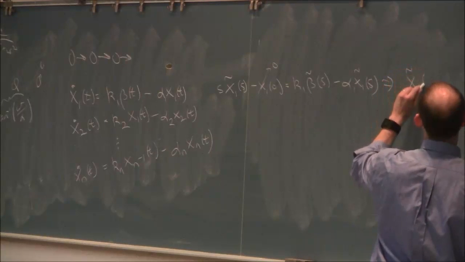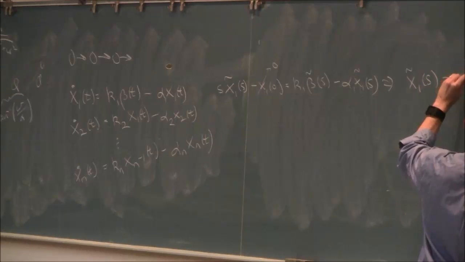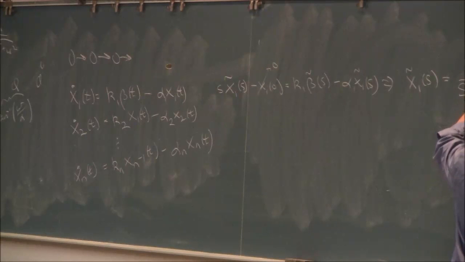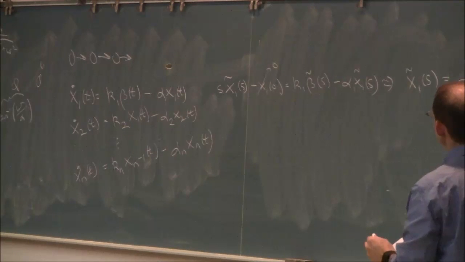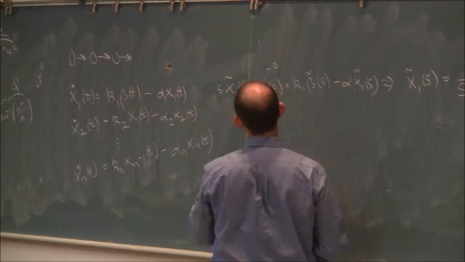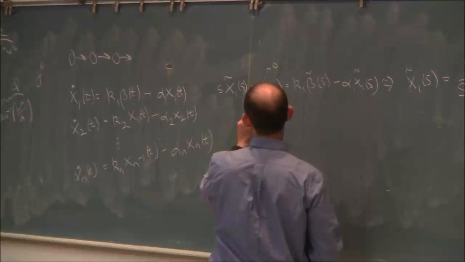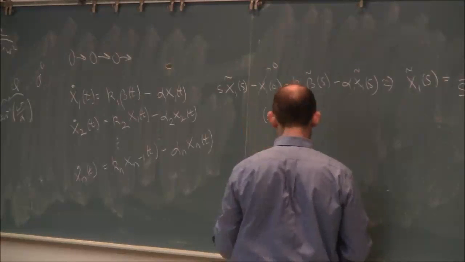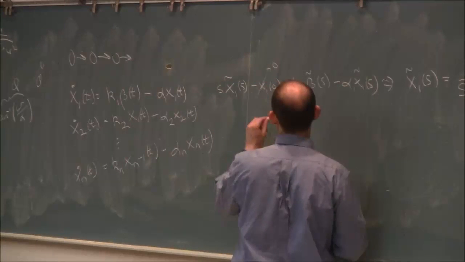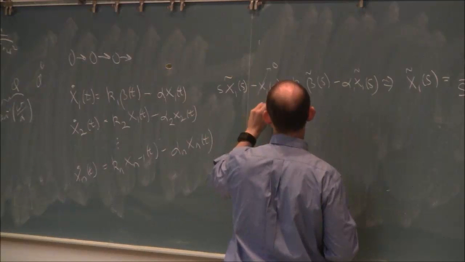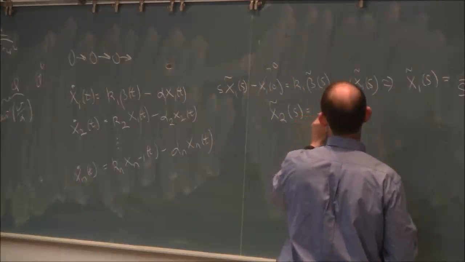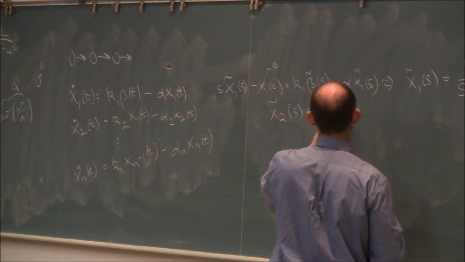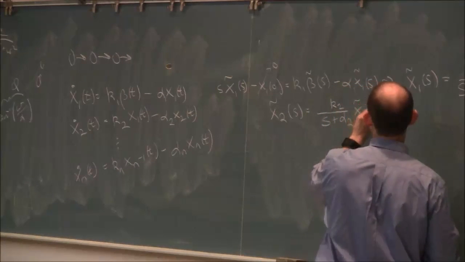So we get x1 of s is equal to k1 over s plus alpha 1 times the input. And then similarly, for the second step, we get x2 of s is equal to k2 over s plus alpha 2 times x1.